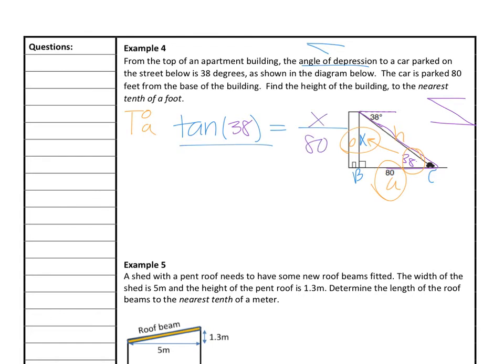And because we're solving where x is in the fraction, then we cross multiply. So x is equal to 80 times tangent of 38. Go ahead and type that in your calculator, please.